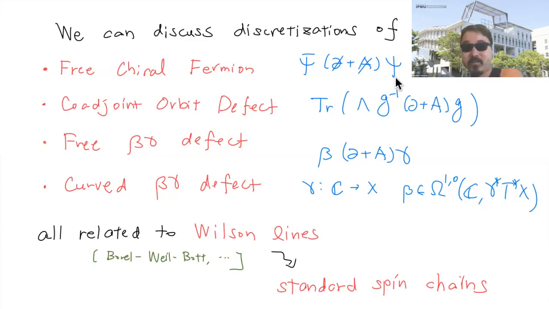And then you can convert some of these defects into Wilson lines. And a similar thing has been discussed, for example, in 3D Chern-Simons, where the Wilson line is converted to this coadjoint orbit defect in that context. And so what's important is that although there are all these different things, in many cases, not completely, but in many cases, they are related to the Wilson lines.